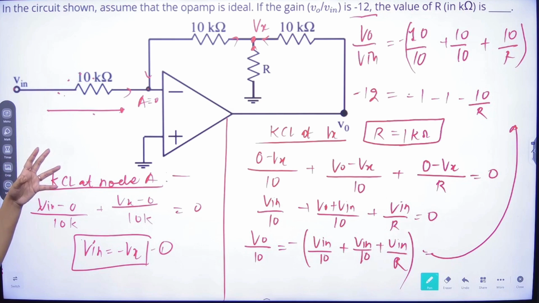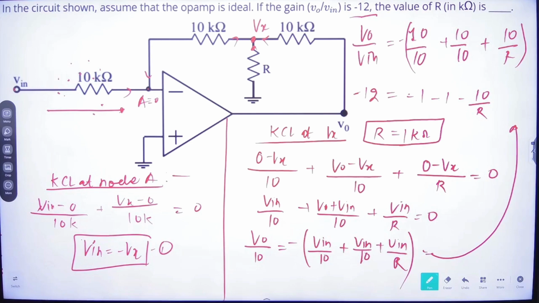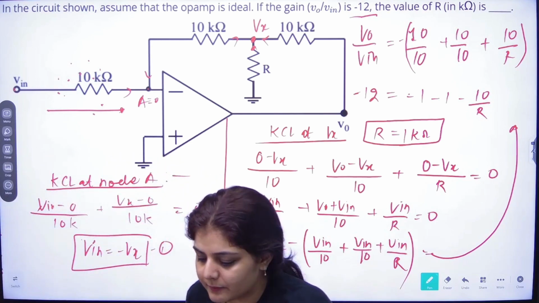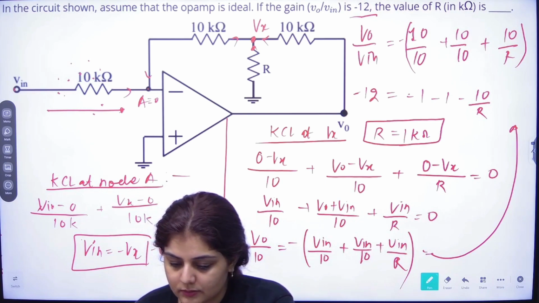What you have to do is take the combination of that and just assume it as Z, and in that case also the current will be V in minus 0 divided by that Z. So that is how easy KCLs are, right? Okay, move on to the next question.